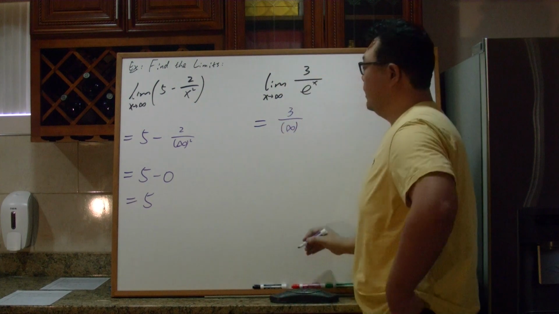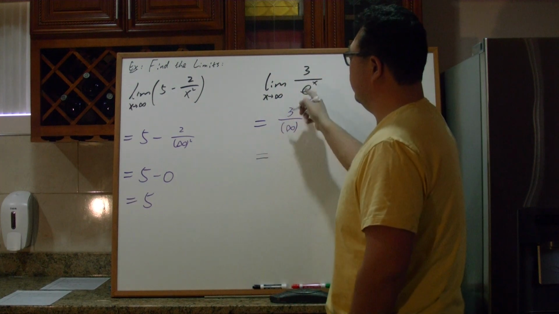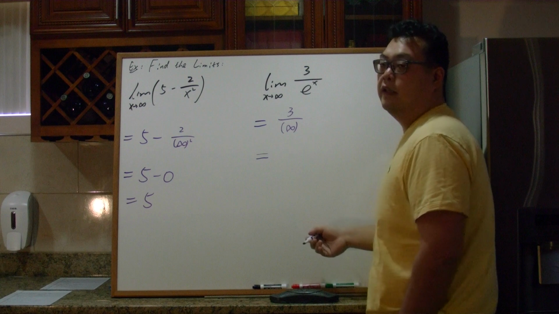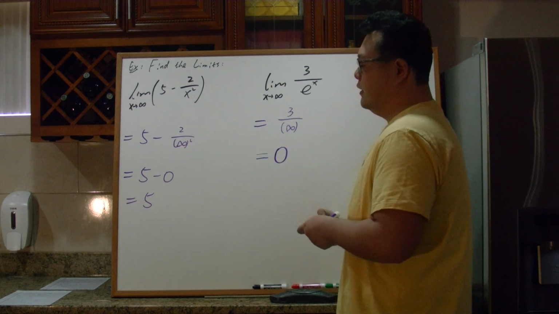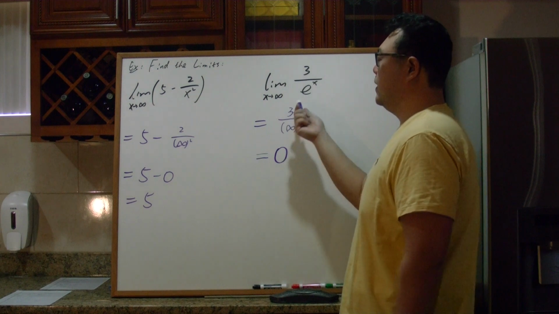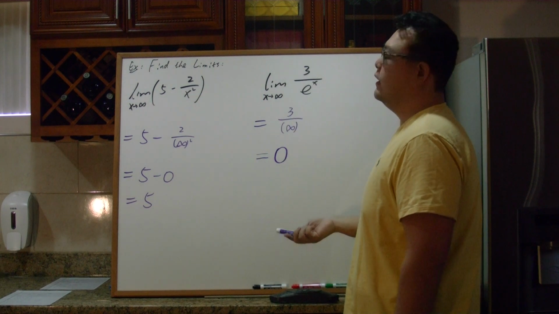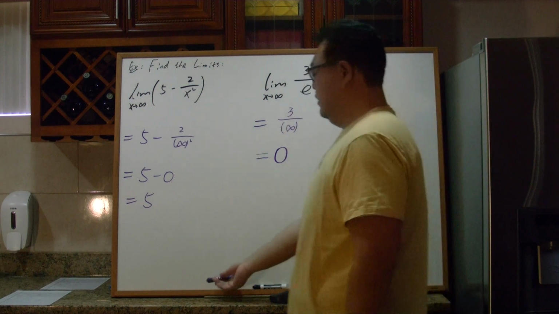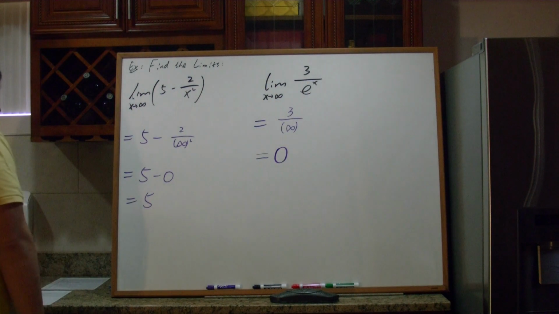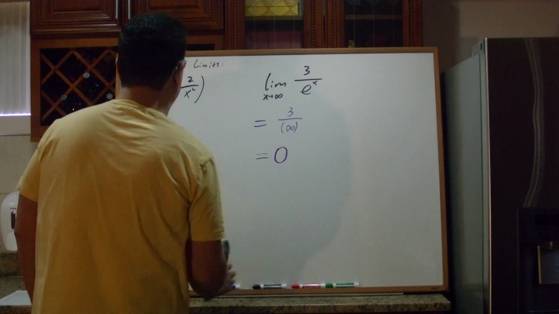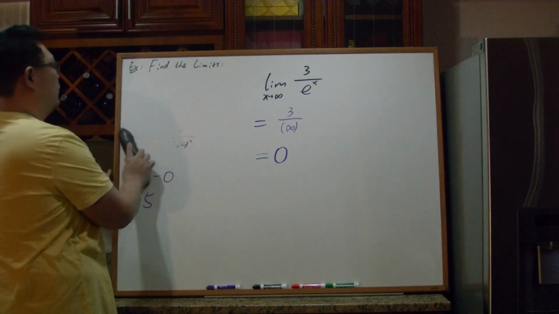Three over infinity, a constant divided by infinity, is also 0. Any constant divided by infinity, no matter how large the constant is, is still 0 as we divide them. Right, that's one thing.